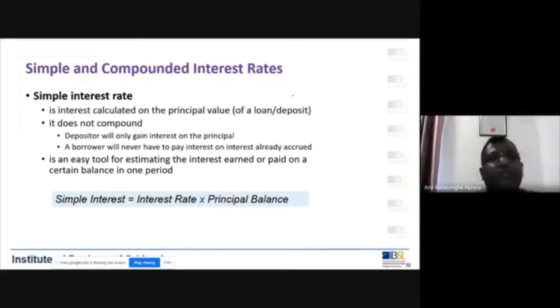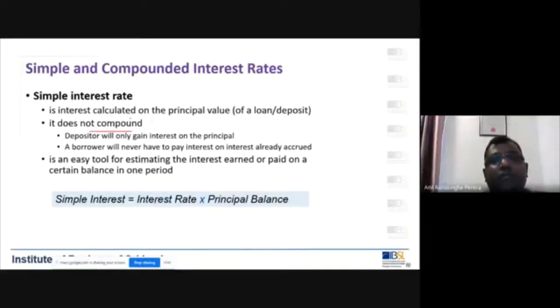As I said, simple interest rate is the interest calculated on the principal value of a loan, or could be a deposit, whatever. It's based on the principal value. No compounding is there, which means there's no interest on interest.